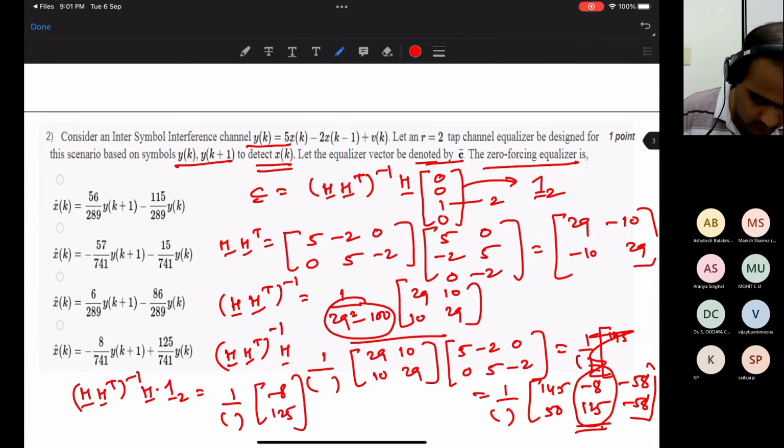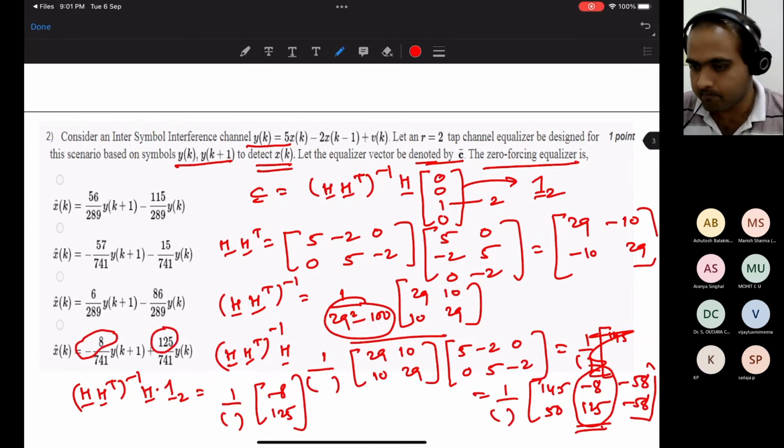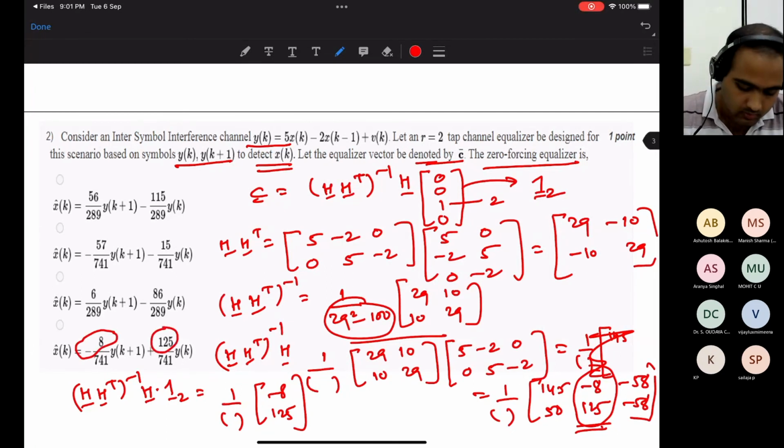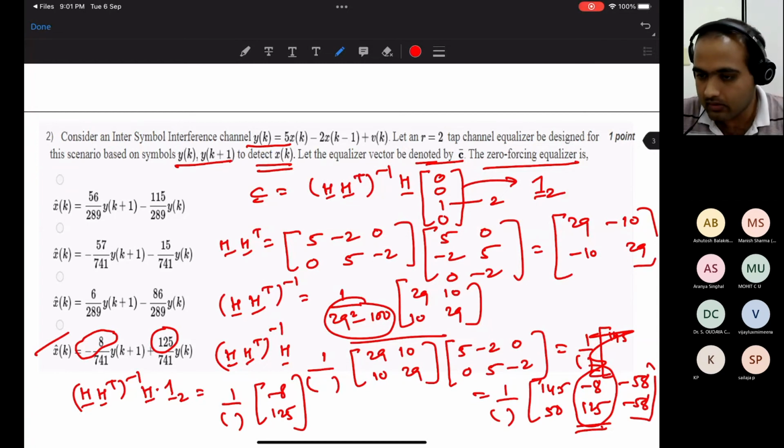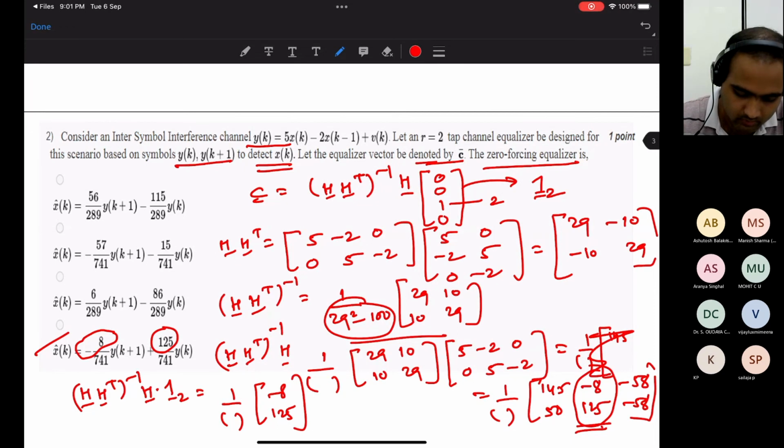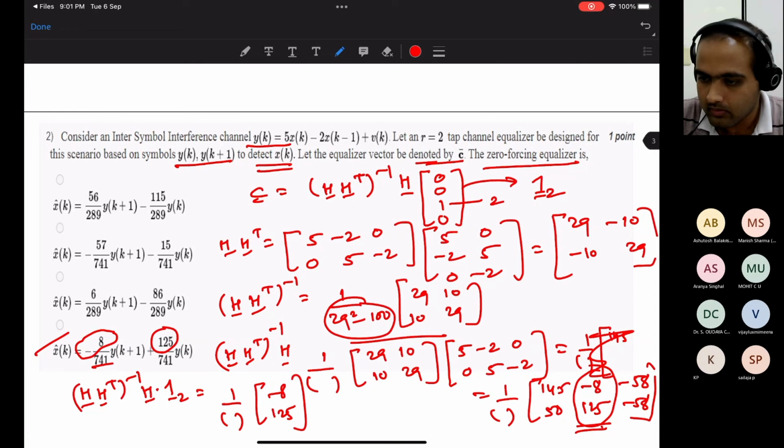You have minus 8 and you have 125. So the answer is x hat, and of course 29 square minus 100 should be 741. Does anyone have any doubt in this question?